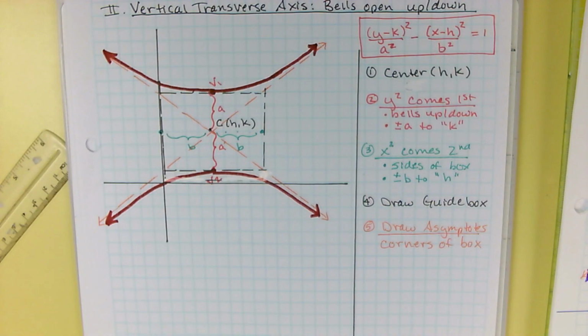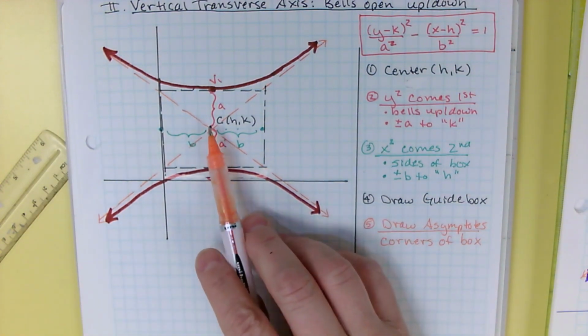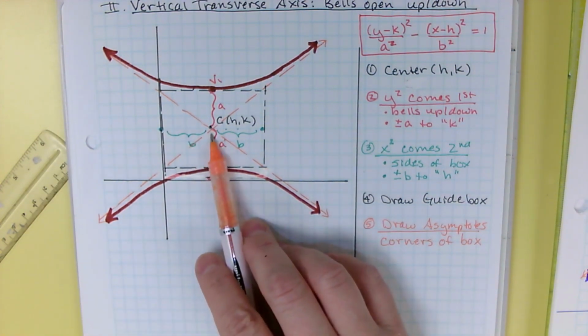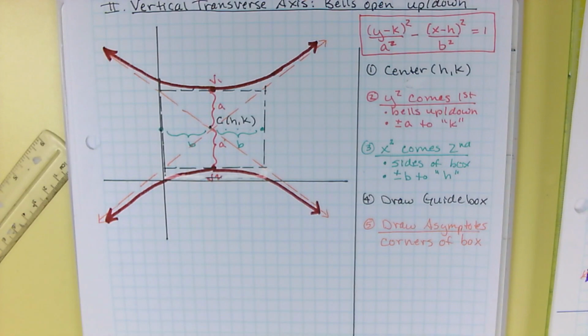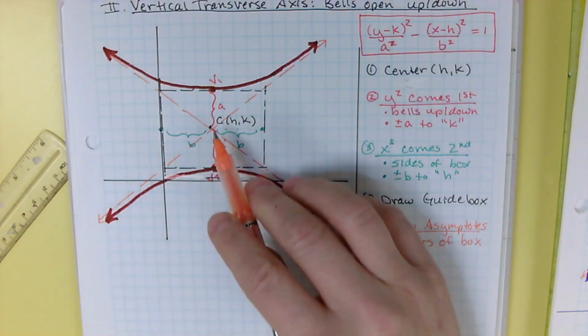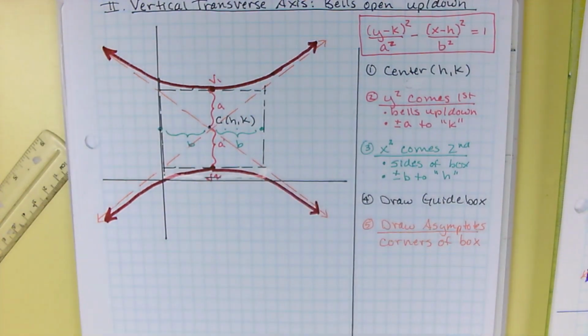So what is the one point that both asymptotes cross through? Yeah, the center right there. So what we're going to use is the center for our point for both of them. That will simplify things. And then change in y and change in x, we're going to measure from the center to the corner of the box, and it's either going to be b over a or a over b.